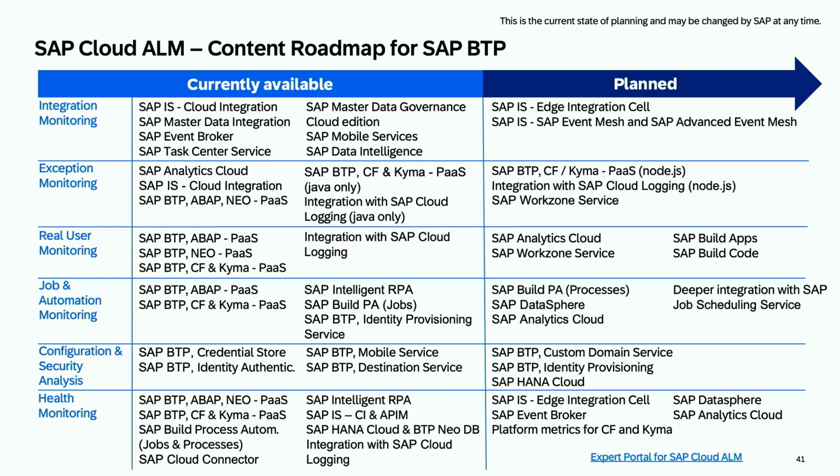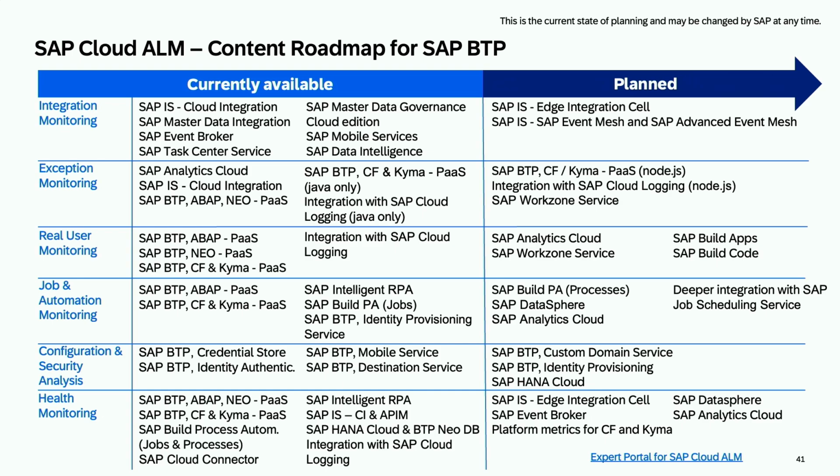So what are our core topics we are investing in at the moment? Again, this Node.js topic for PaaS, which was the only remaining topic, we can now slowly move from right to left. We are currently investing in SAP Analytics Cloud, quite popular on the customer side. We have exception monitoring already available.